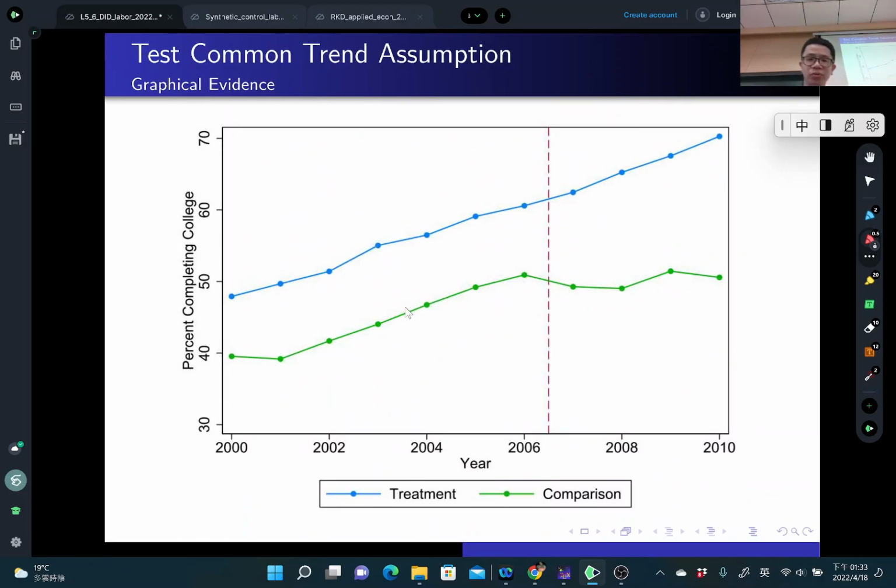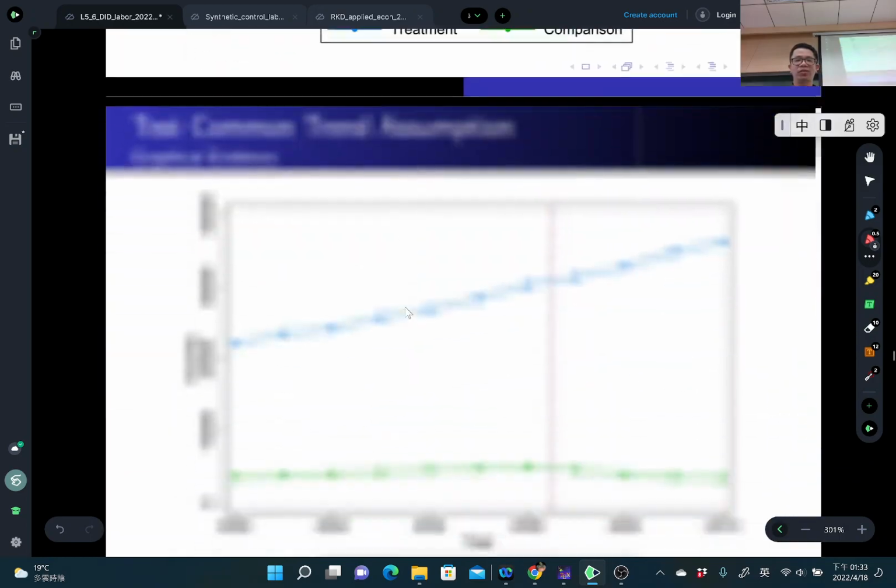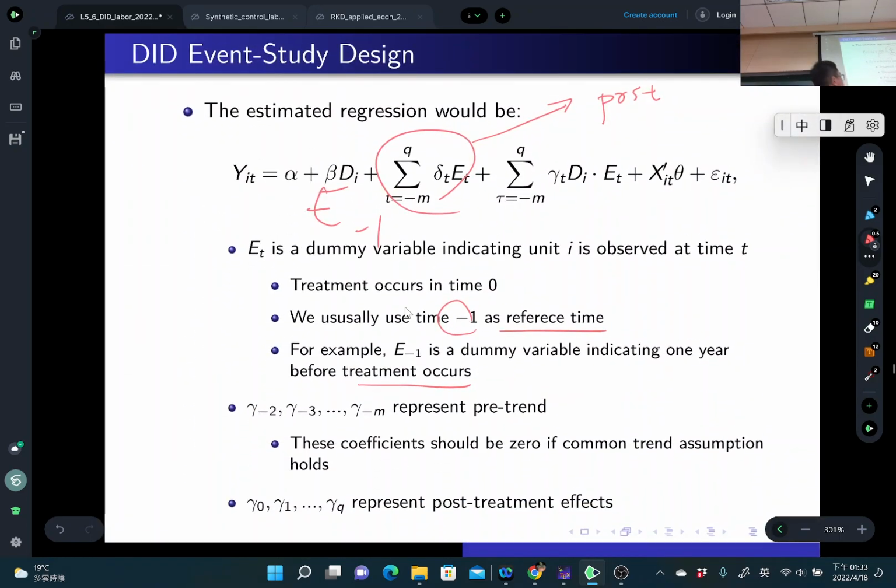For example, we usually use the year just before the treatment happened. So this difference will always be the same. So we will expect this coefficient, which measures the difference before the treatment happened, to be 0 or very close to 0. That means the differences in outcome between treatment group and control group are very similar to the difference at the reference time. Okay.